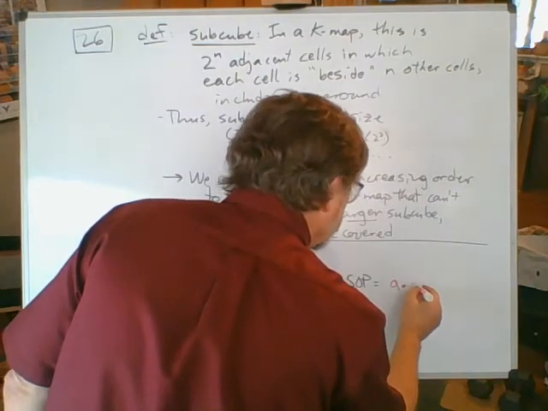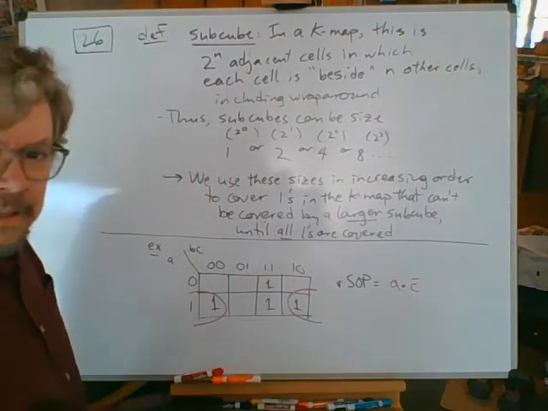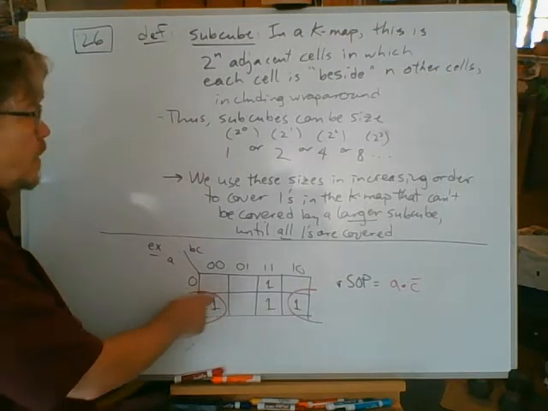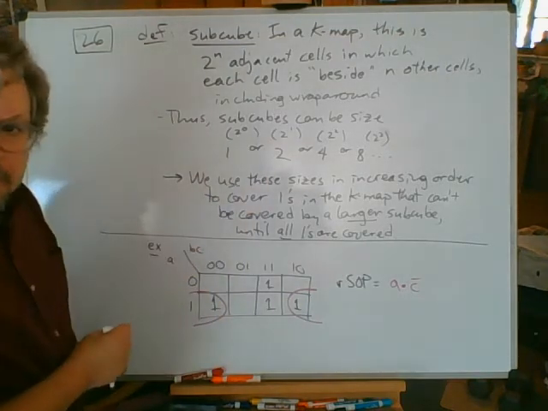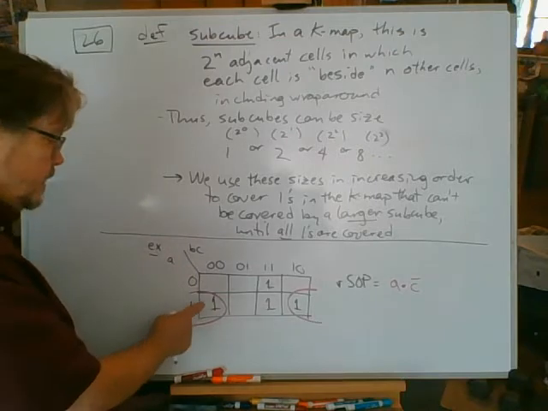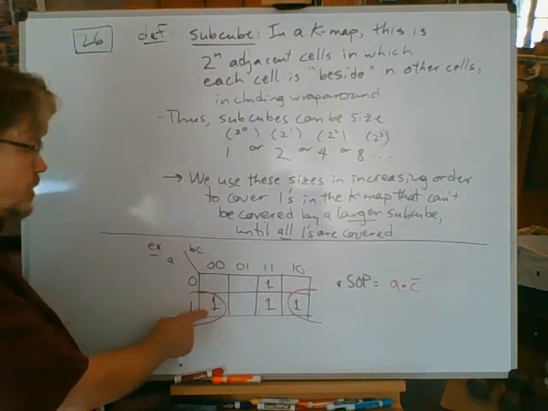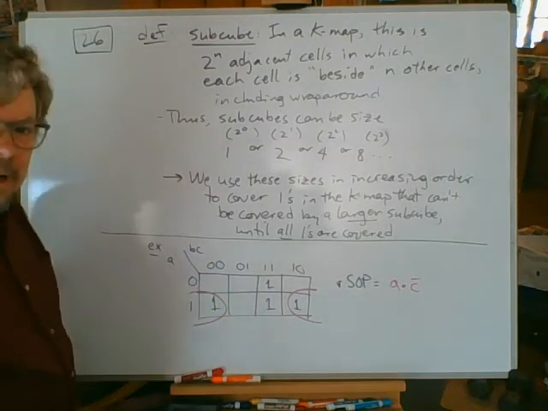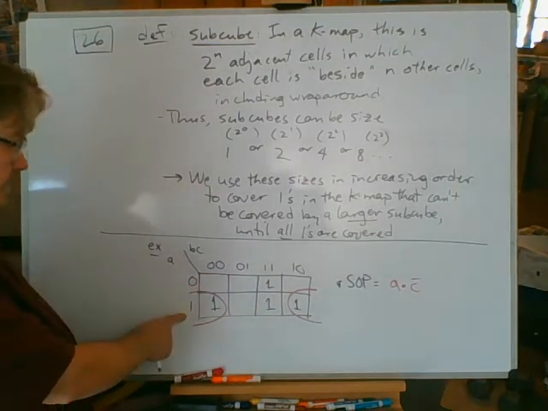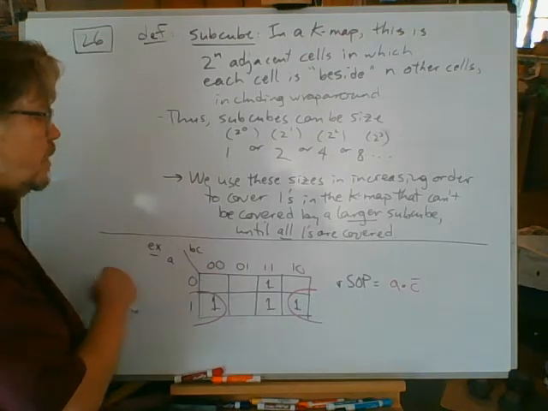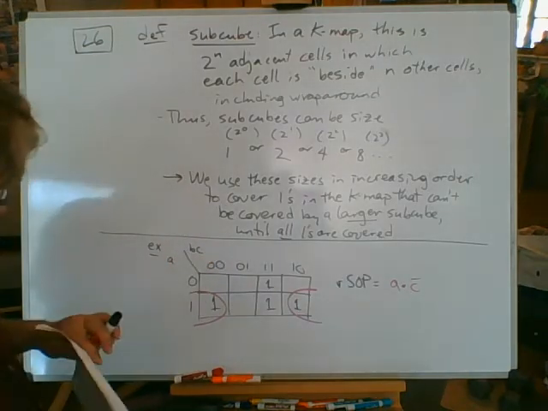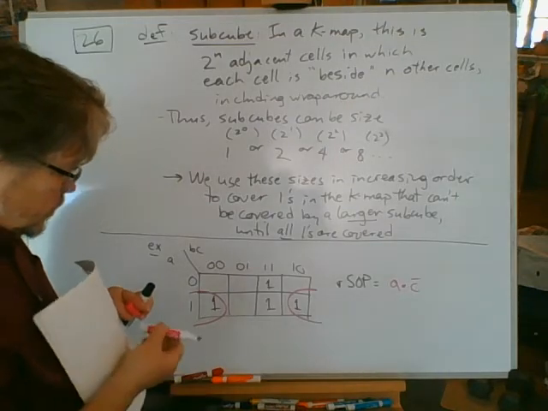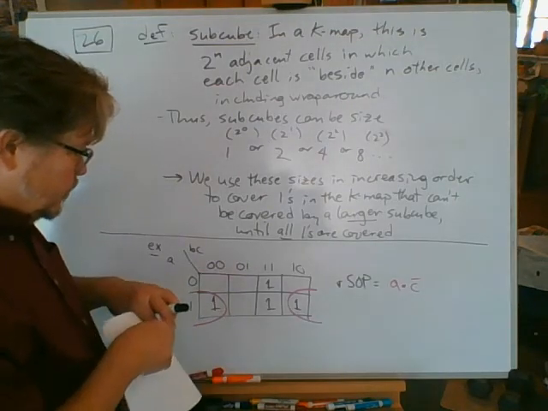A and not C. These 2 1s in the wraparound subcube of size 2 have A and not C in common, because A is 1 for both of those ones, C is 0 for both of those ones, and they do not have a value of B in common. I'm done with pink on this one at least.